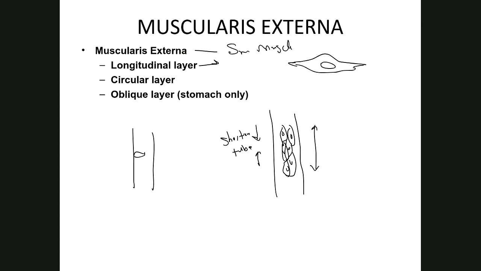They're oriented this way, around the tube. And so if this layer contracts, what's going to happen is the tube is going to squeeze in where the contraction happens. And so it's going to get smaller in diameter.